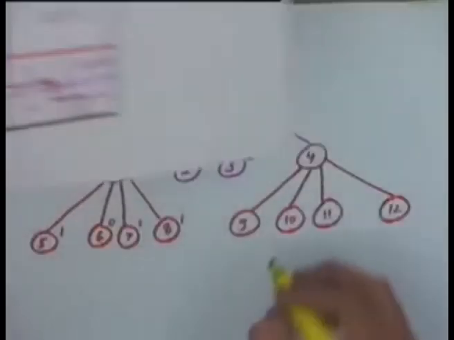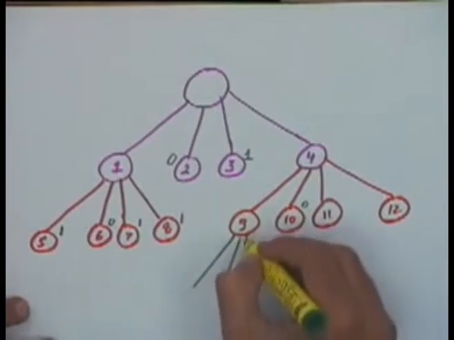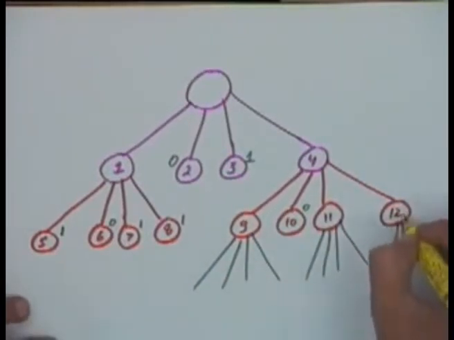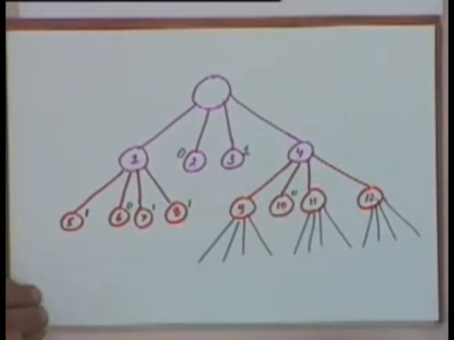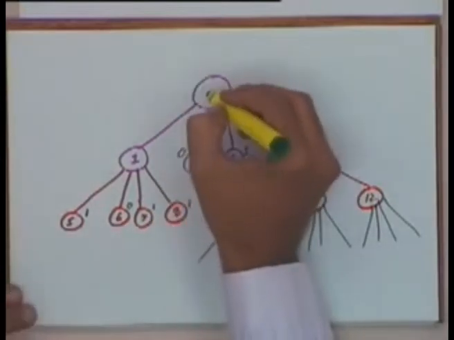Between 9, 10, 11 and 12, 10 is given a 0, and the other 3 are again divided further, and so on. So at every node, let's say this is my node number 0.